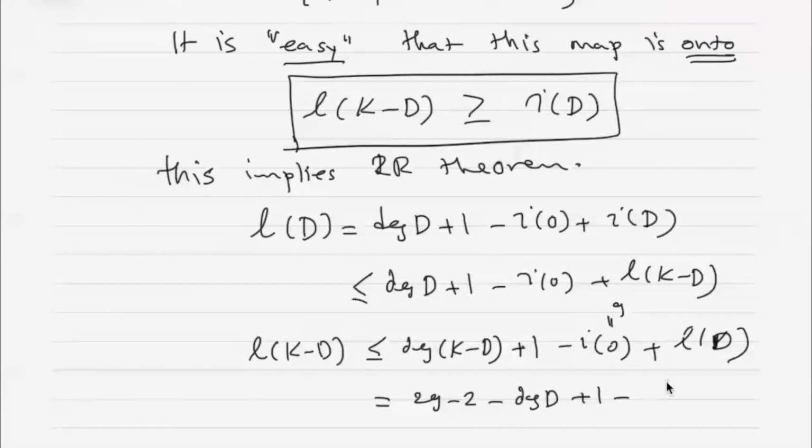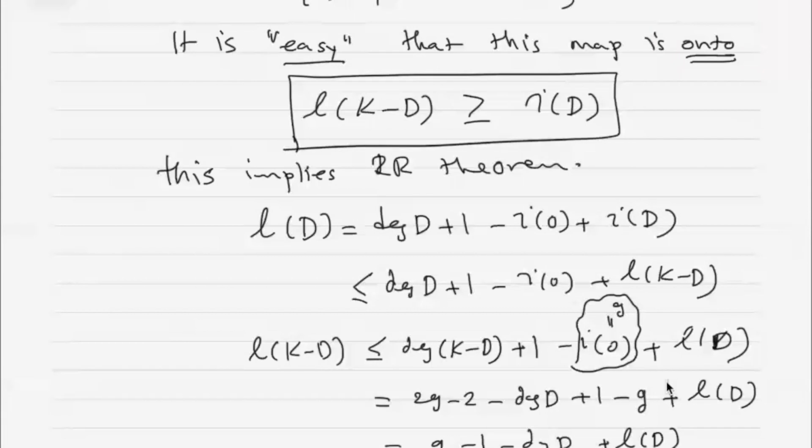I of 0 is g. Let's take this for granted for a moment. Plus L of D, and this is equal to g minus 1 minus degree of D plus L of D.